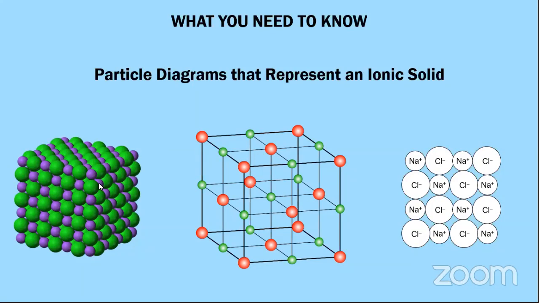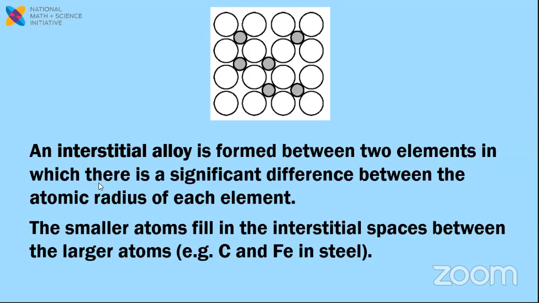All right, I want to also mention some particle diagrams for alloys. So we have an interstitial alloy as opposed to a substitutional alloy. What's the difference? Here we're looking at a particle diagram of an interstitial alloy. This is formed between two elements in which there is a significant difference in size between the elements.